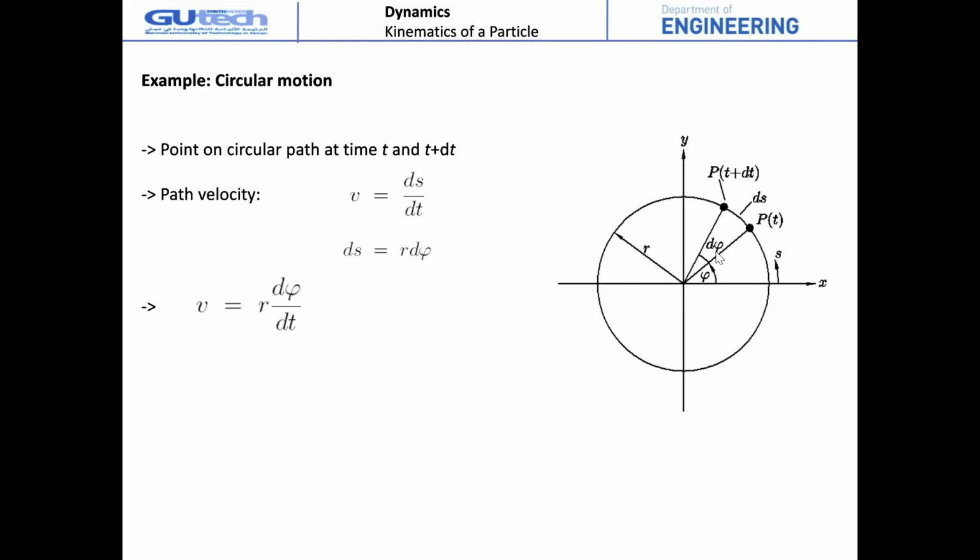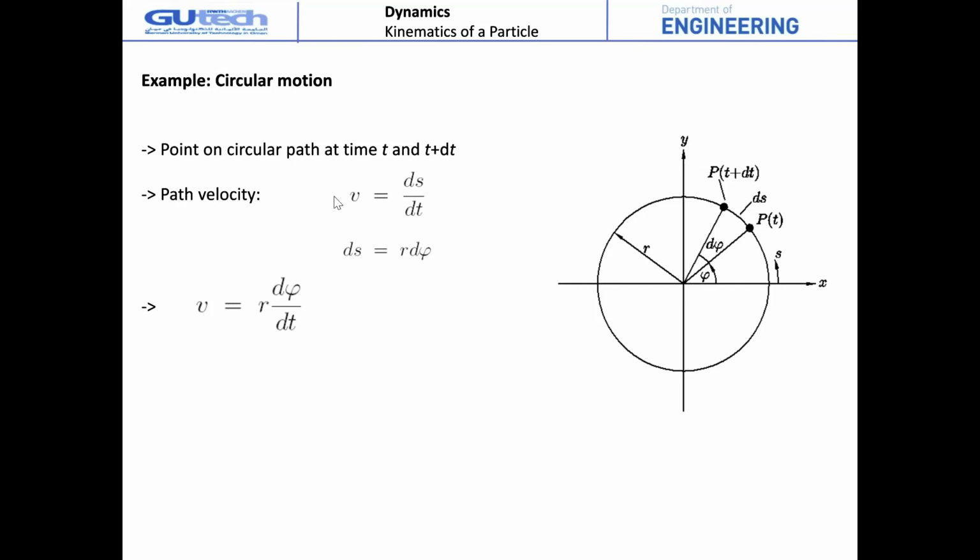Then the tangent d phi will be equal to d phi as it's a small angle. That means sinus d phi is d phi, and cosinus d phi is near 1. Then we can say the tangent d phi is only d phi. Then we get ds is r d phi.